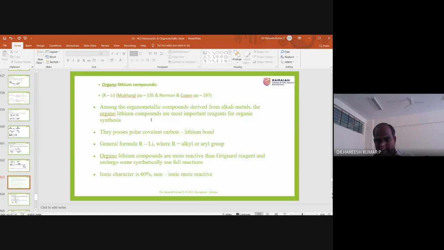Organolithium compounds are most important because of their application in organic synthesis.